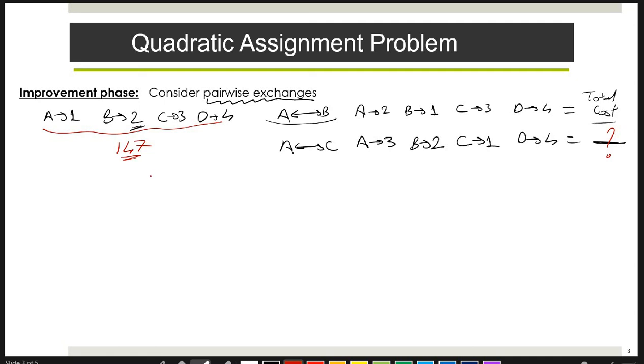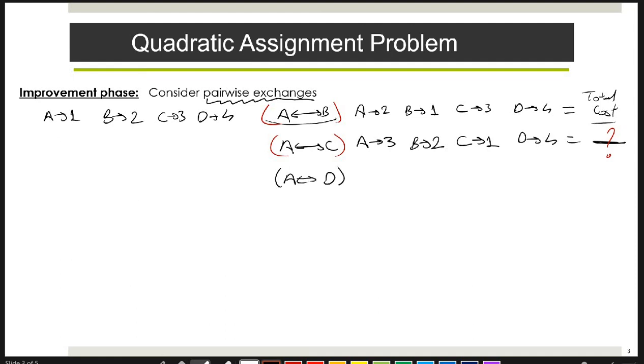We improved it. But this is one alternative. This is another alternative. But there are many such alternatives. We can replace A with B, A with C, A with D. This is another alternative. Okay, replace A and D. Then, okay, we considered all the alternatives of replacement with A.